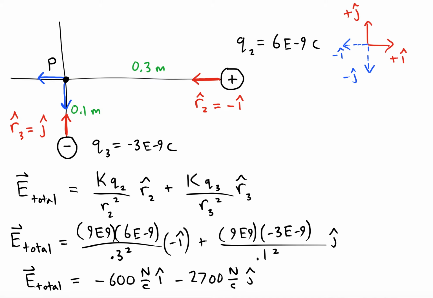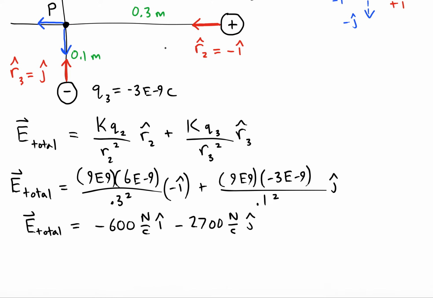Now when you're asked to find the total electric field, this is vector form, and that gives us all the information we need. But you might also have to go farther and find the magnitude of it. When that happens, we want to use a formula from Physics 1 where we take the square root of the squares of the components.